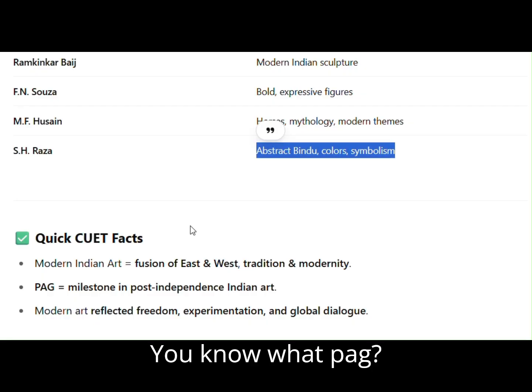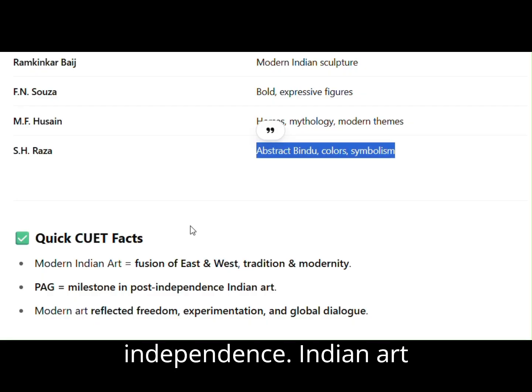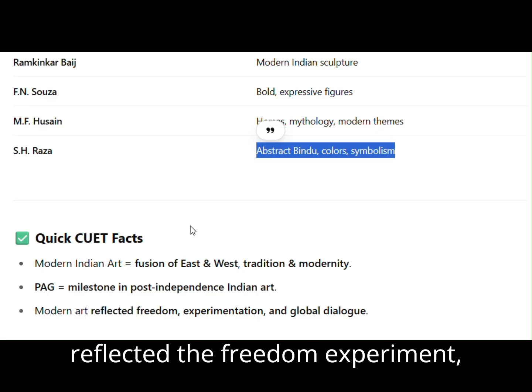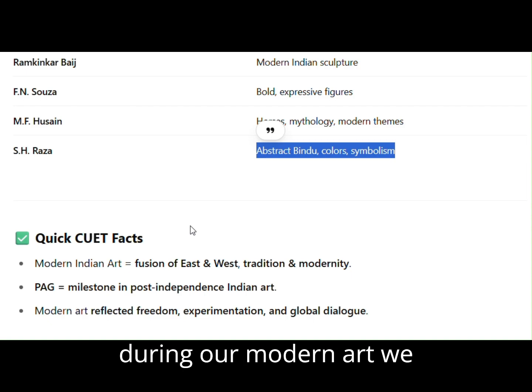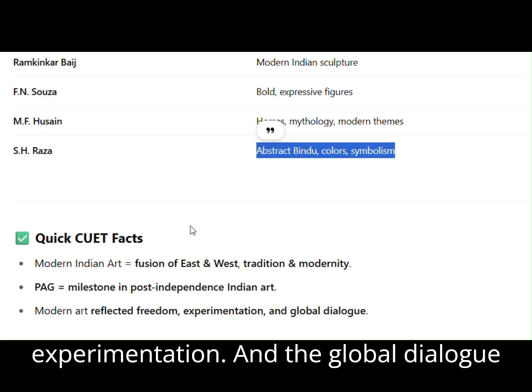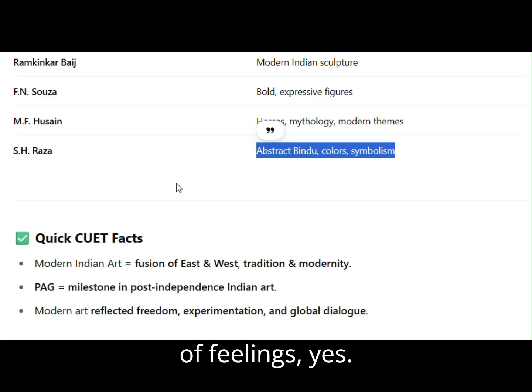You know what PAG is? Yes, a milestone in post-independence Indian art. What is PAG? You all need to answer this in the comments. Next, modern art reflected freedom, experimentation, and global dialogue.